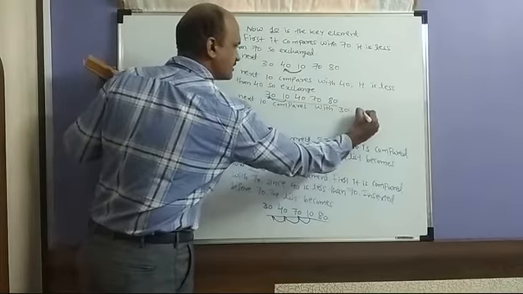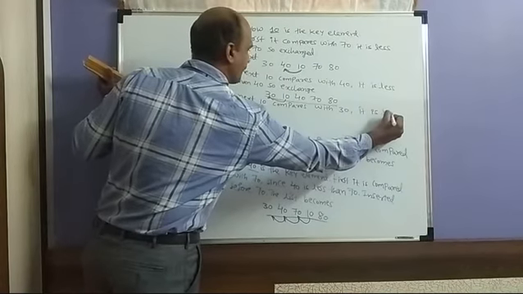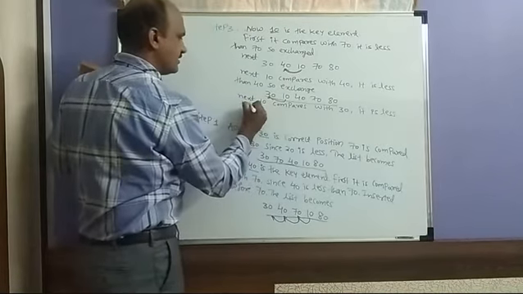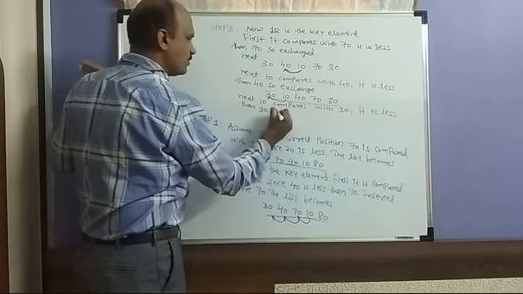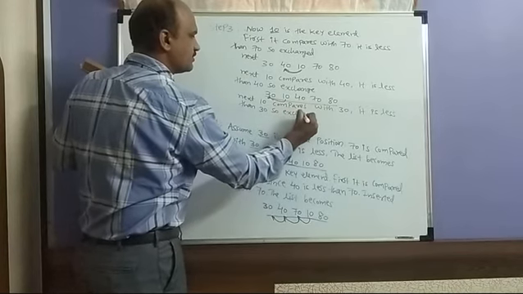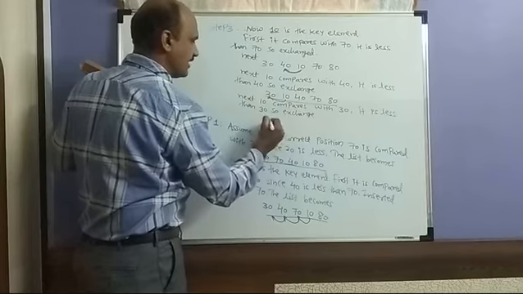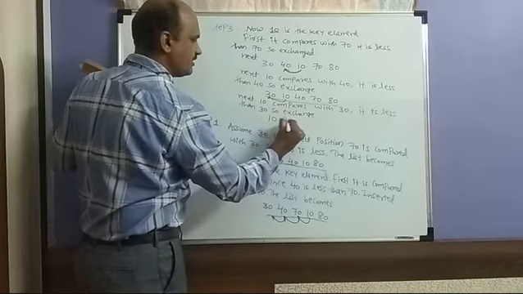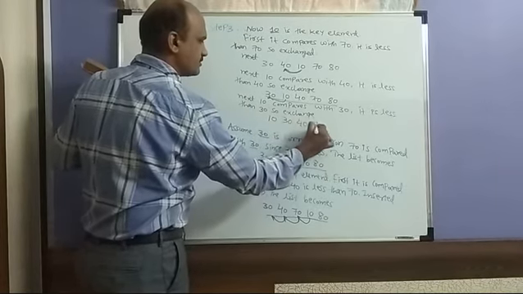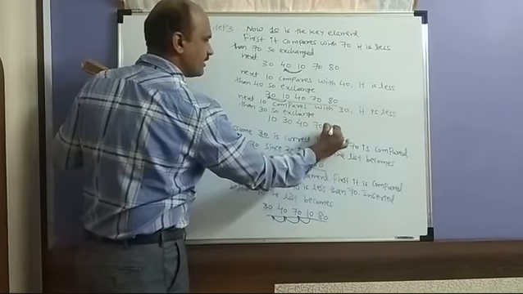Then again it is less than 30. So again exchange. The list becomes what? 10, 30, 40, 70, then 80.